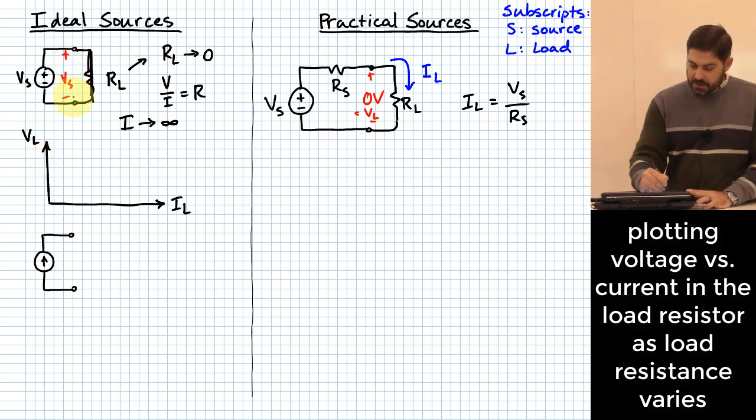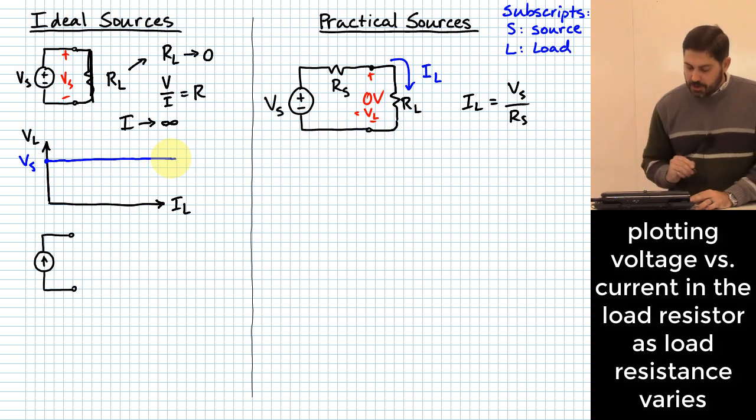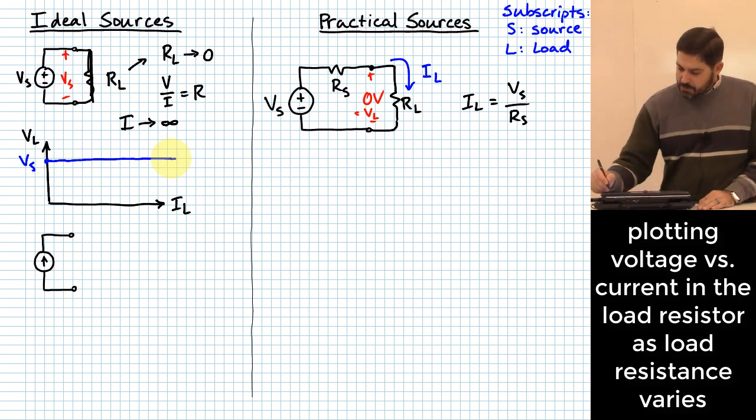What voltage do we see across here if RL is infinite? Just the voltage source. So I'm going to go ahead and put here, let's say I have VS. The way this ideal voltage source behaves is that it's going to hold this value regardless of how much current flows. Okay? What happens with a practical source?